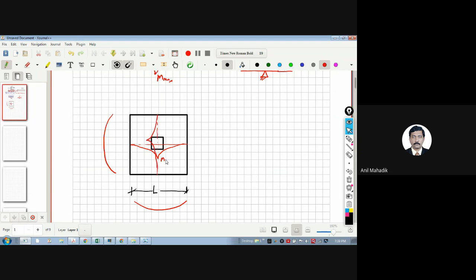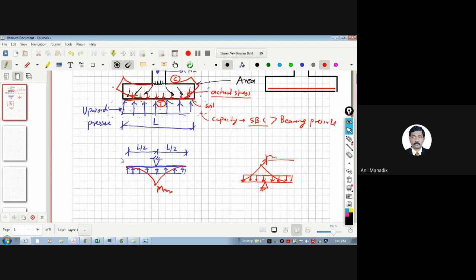Let's say this is your X, and this is your My, whatever you name. So two-way bending. This is Mx here and My here. Okay, fine. So this is the two-way bending, and it is a cantilever behavior.